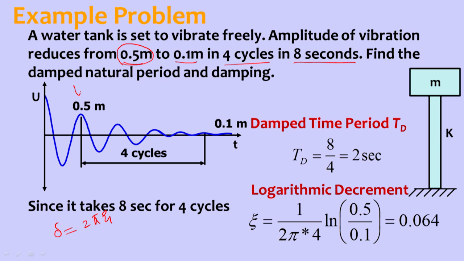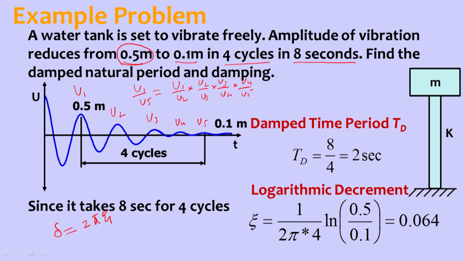So if I write these amplitudes as u1, u2, u3, u4, u5, then u1 by u5 will be equal to u1 by u2 into u2 by u3 into u3 by u4 into u4 by u5. That's how I get u1 by u5.